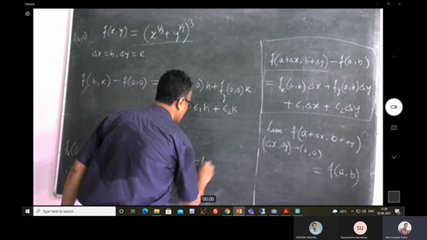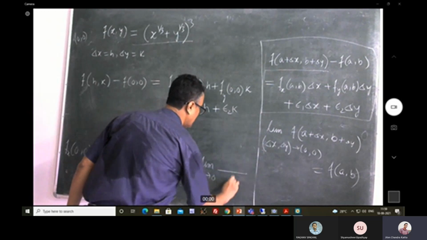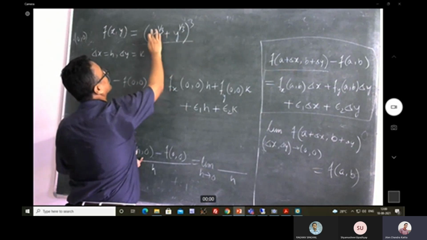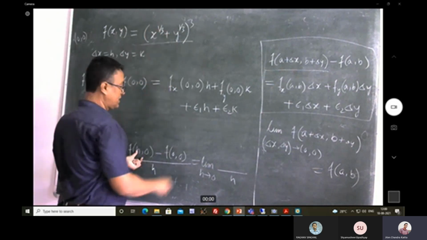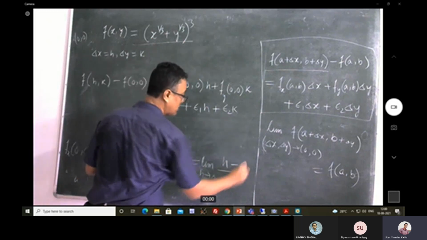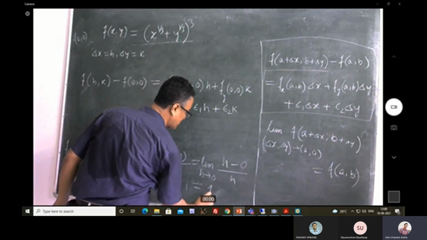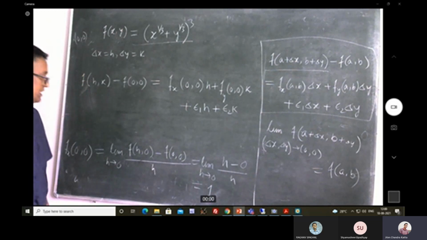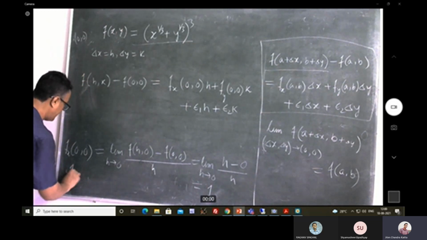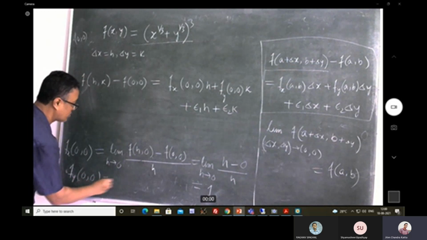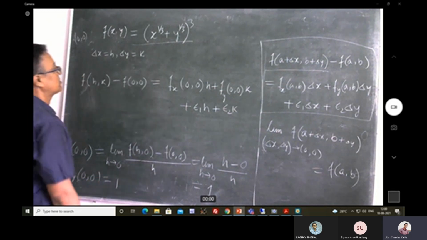Then f of h, 0 is h to the power 1 by 3 whole cube, that is simply h, and f of 0, 0 is definitely 0. So h by h is going to be equal to 1. Similarly, you will find that fy at 0, 0 is also equal to 1. I don't need to do this.